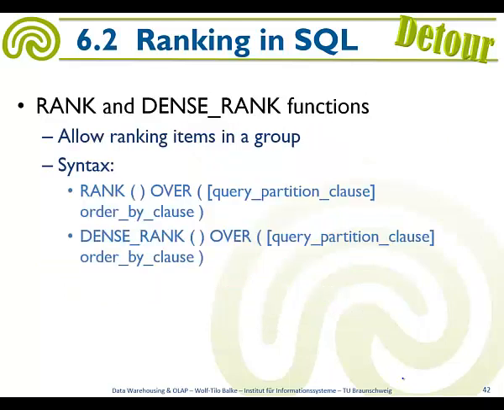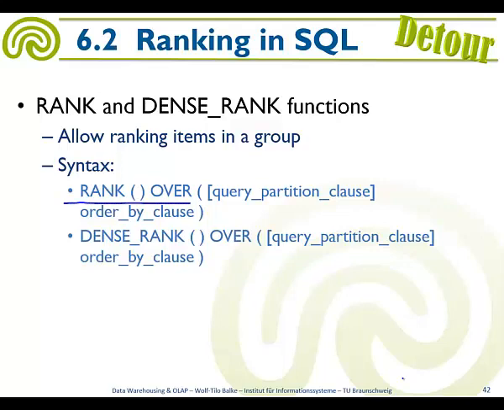So to get over that, there are 2 different functions that were introduced in SQL 99, the rank and the dense rank. And again, they work with the window clause that we've been talking about. And you have 2 different possibilities that you can produce by the syntax.